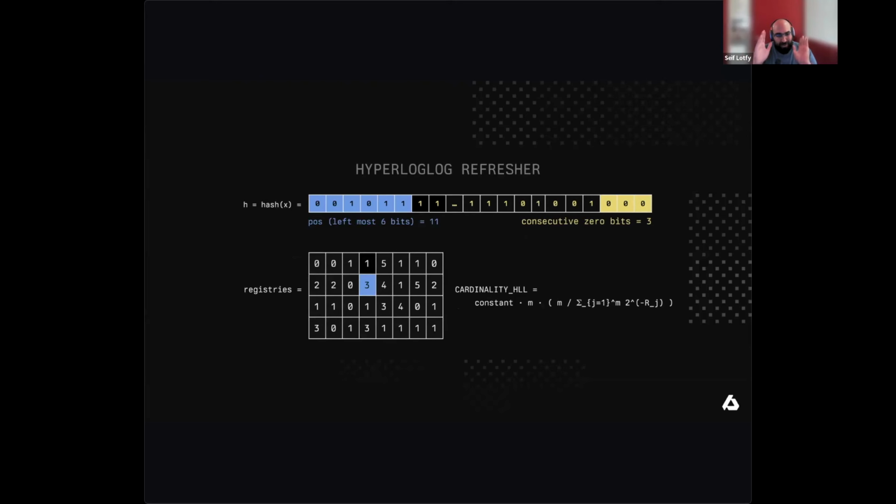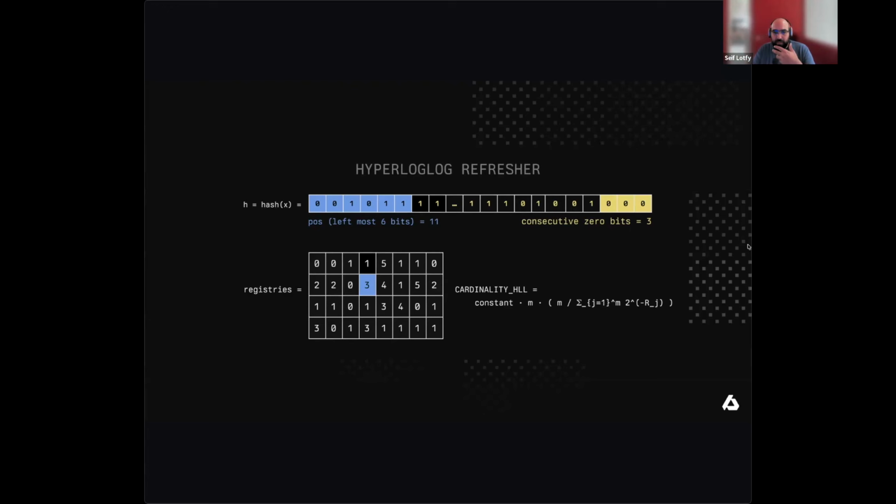So you have registers. These are uint8, an array of uint8, and it's a fixed size. What you do is you hash something. The leftmost 6 bits, in our case, decide that you're going to write something to position 11. Then you read the consecutive 0 bits on the right side, and you know that for 3 zeros to happen, the probability is 1 divided by 2 to the power of 3.